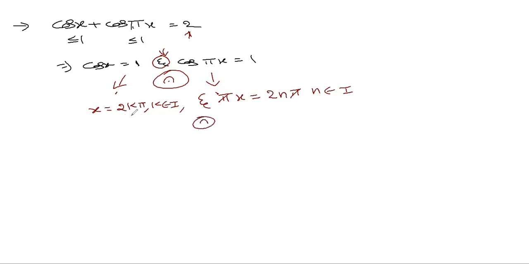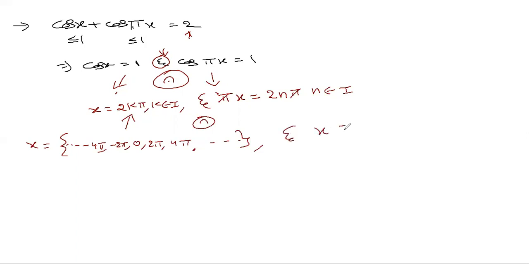So here you can see these are even multiples of 180. Let us write the set: 0, 2 pi, 4 pi and so on, negative 2 pi, negative 4 pi, and so on. Like this it will be there.